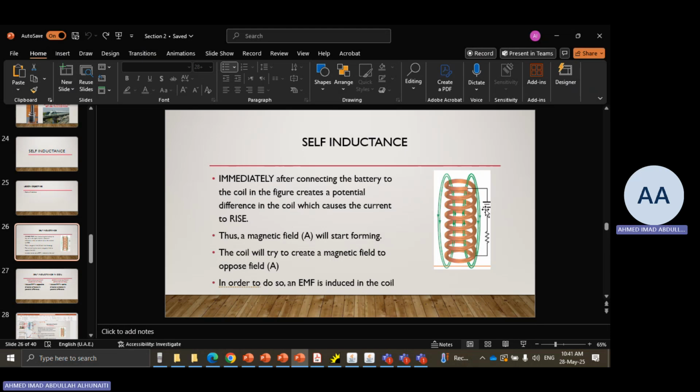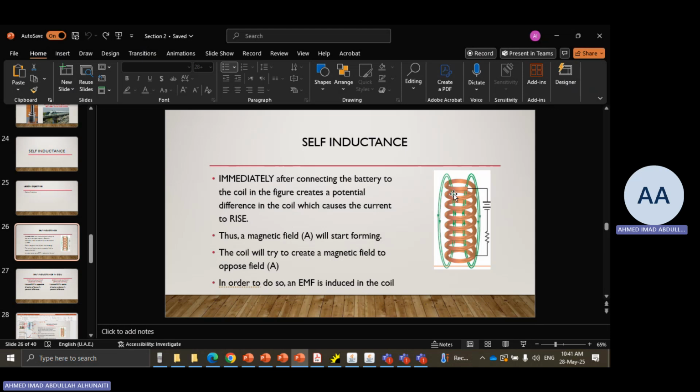When you close the switch, the current begins to flow through the coil and the magnetic field begins to grow in size. As the magnetic field grows, the magnetic field lines will be cut. Think about it: there's relative motion between the magnetic field and the coil.